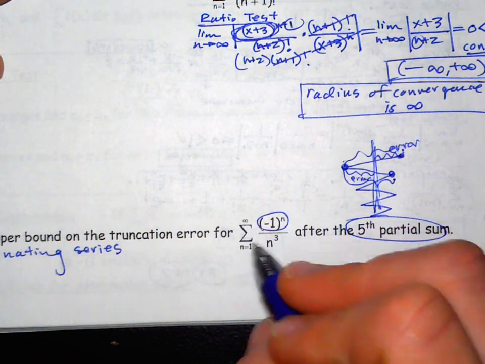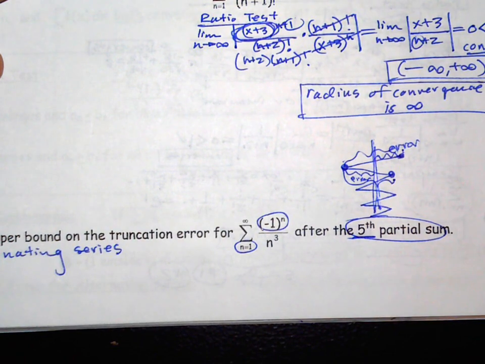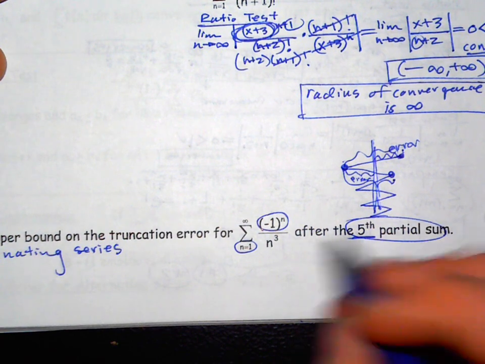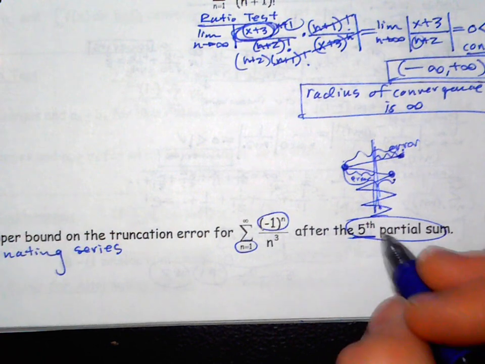Now, it depends on where we're starting the series. The fifth partial sum would be the sum of the first 5 terms. We could write them all out if you want, but n equals 1, 2, 3, 4, 5. 6 is the one we want.